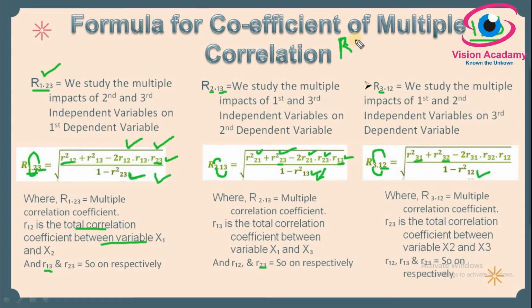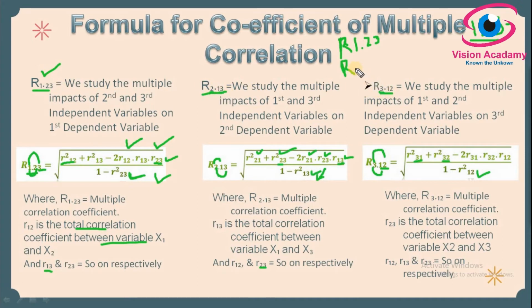As in multiple correlation we use one dependent variable, that is R1, point, and the other two are independent variables. I will use 2 3 after the point firstly. So the first option is over, and I will consider the second option. I am telling you how to formulate this, 1 2 3, into R1.23, R2.13 and R3.12.